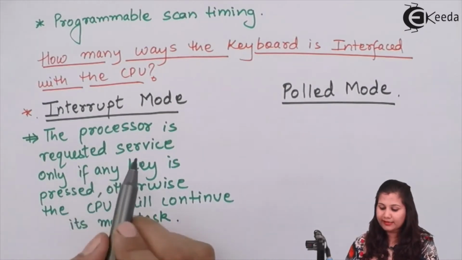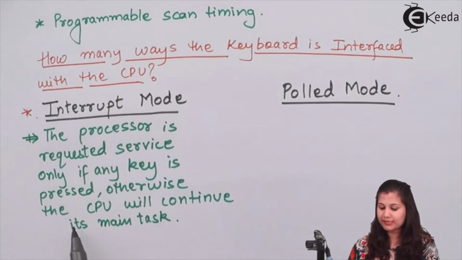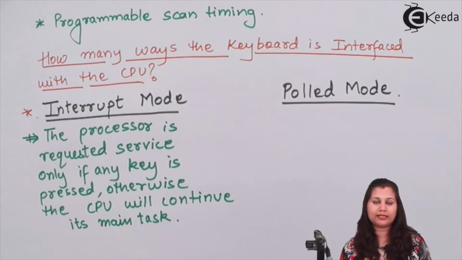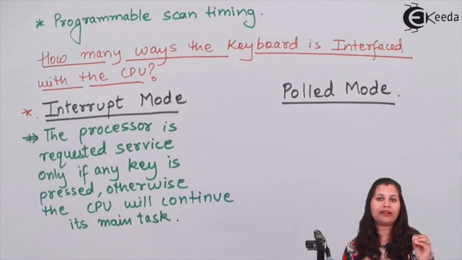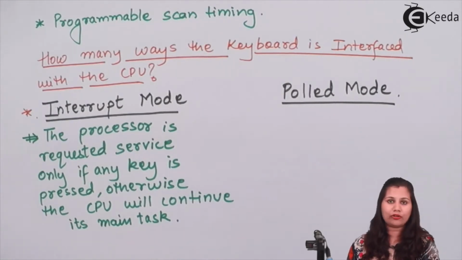So the processor is requested for service only if any key is pressed. Otherwise, the CPU will continue its main task. The CPU will not be disturbed until and unless any key is pressed. If the CPU is doing some work, it will continue doing its main task, and only when a key is pressed will the CPU be interrupted. So that is the interrupt mode.